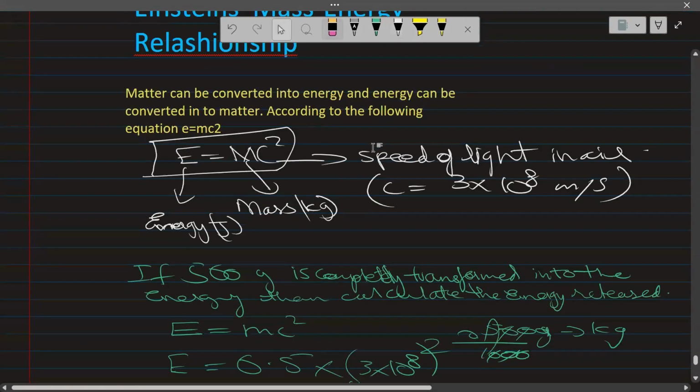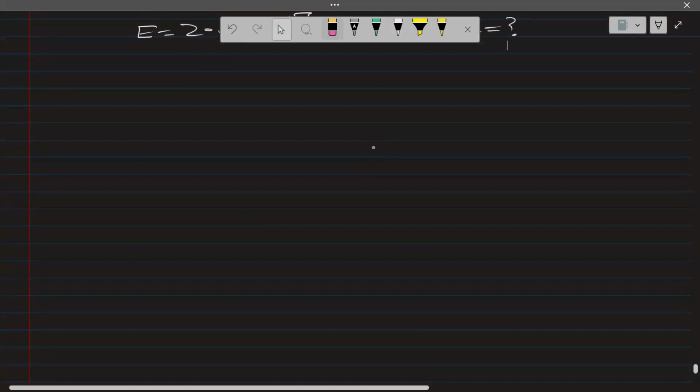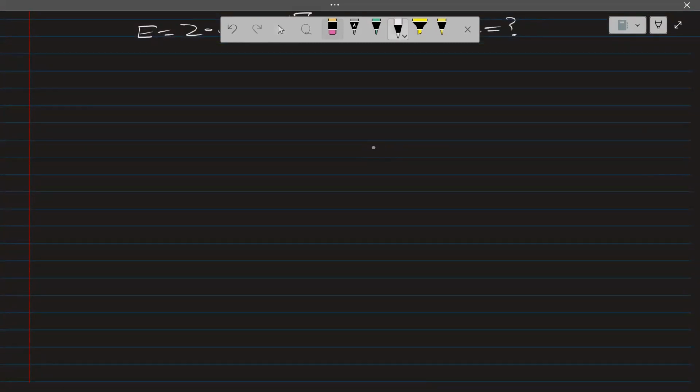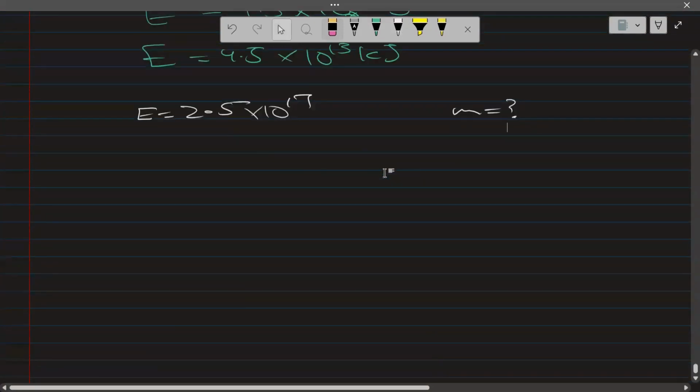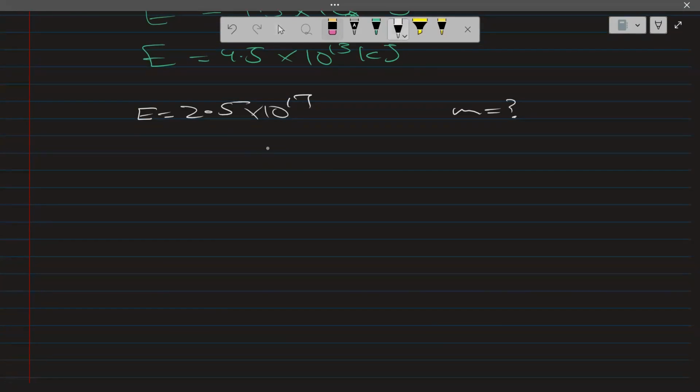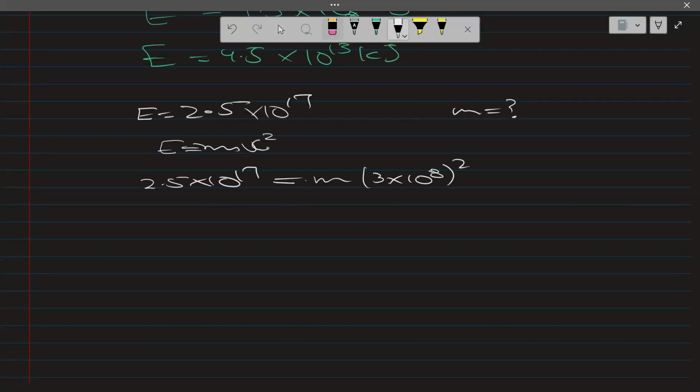Let's start. We have been given energy, so E, let me first write the formula, mc square. So E is 2.5 times 10 to the power of 17, which is equal to m, which is unknown, times c, which is 3 times 10 to the power of 8, squared.